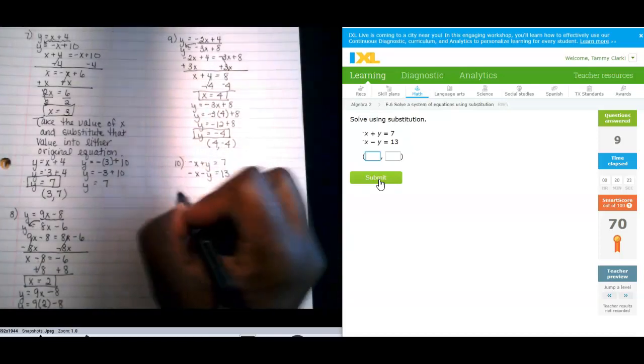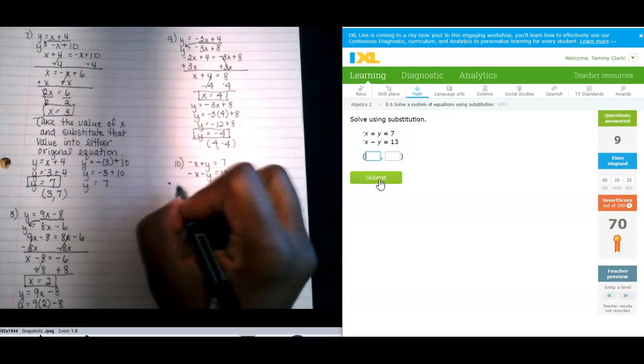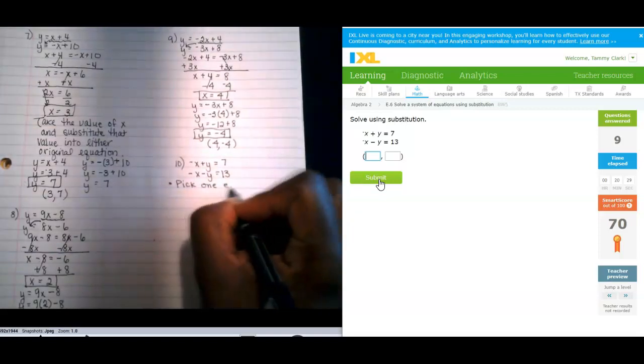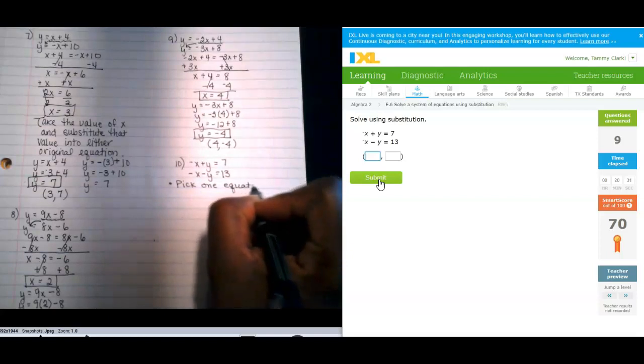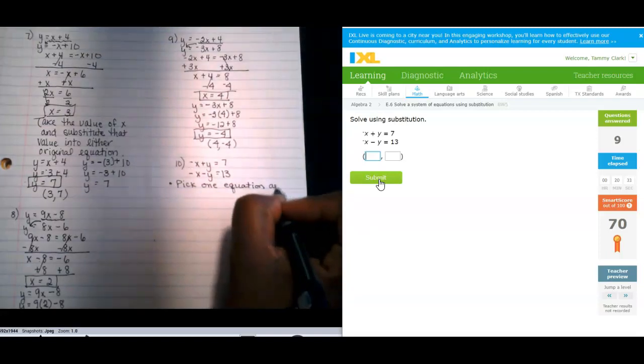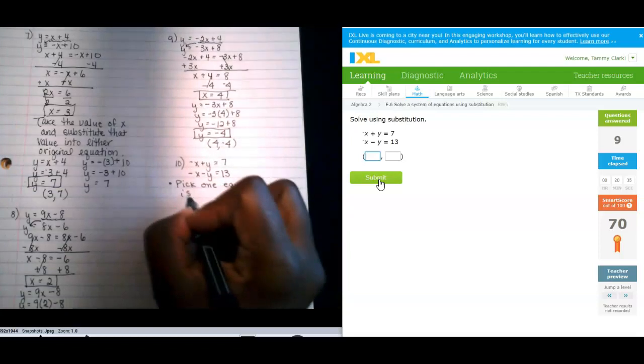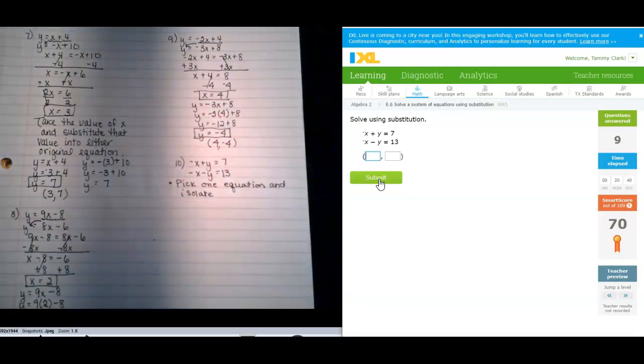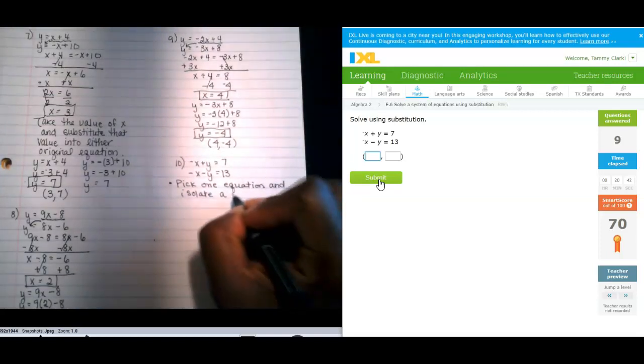So in this case, what we're going to do is pick one equation and isolate a variable.